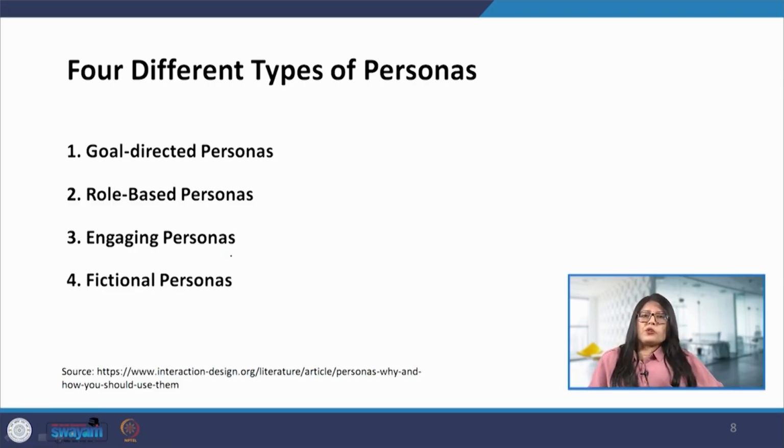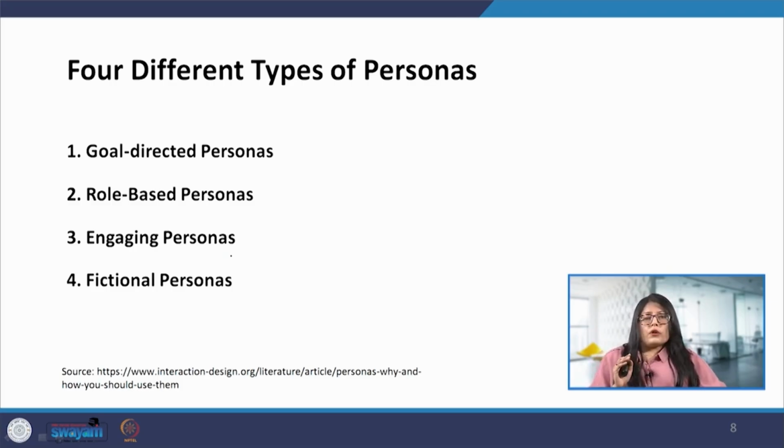These engaging personas are designed so that the designers who use them can become more engaged with them. The idea is to create a 3D rendering of a user through the use of these personas. The more people engage with the persona and see them as real, the more likely they will consider them in the design process and want to serve them with the best product.